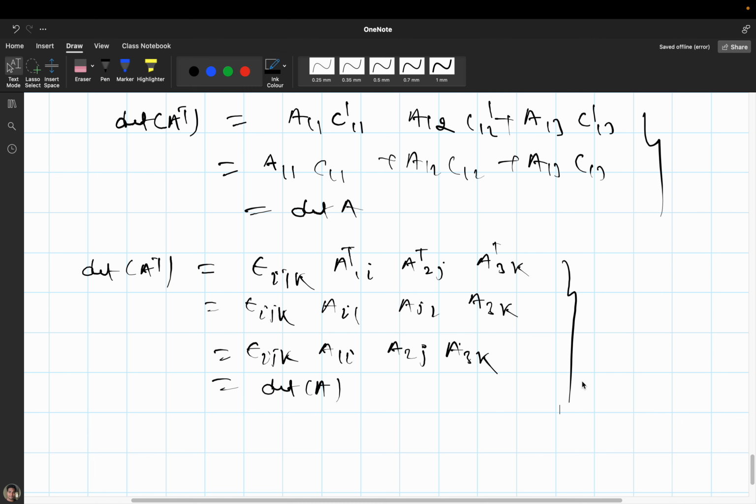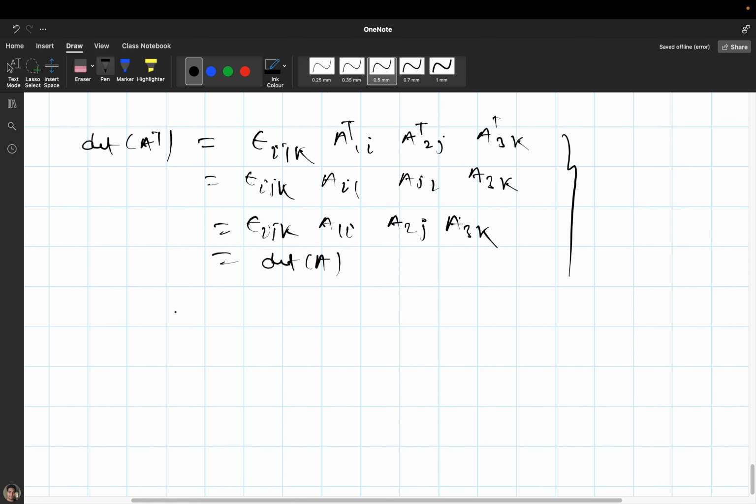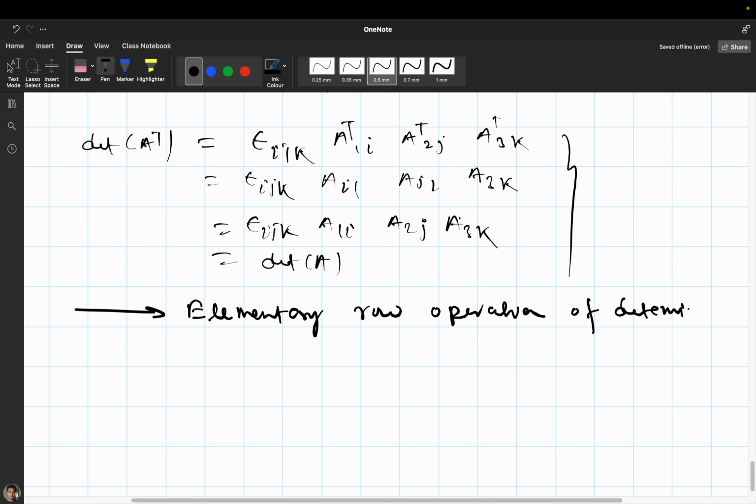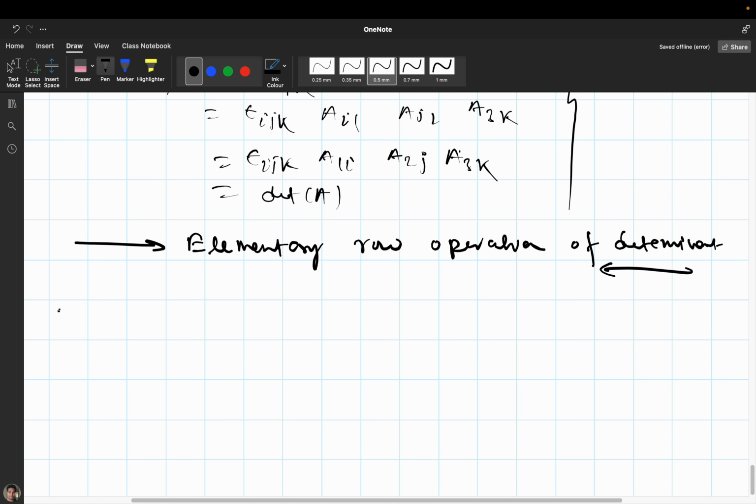Yes, sir. Yeah. Now we will move further. Elementary row operation of the determinant. And we will prove each and every property. First property.